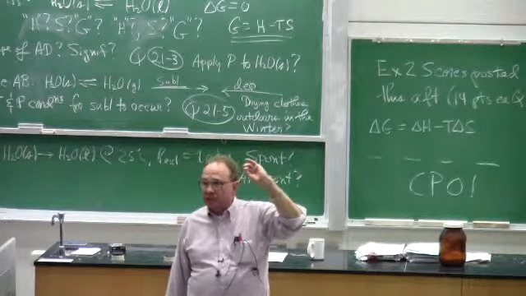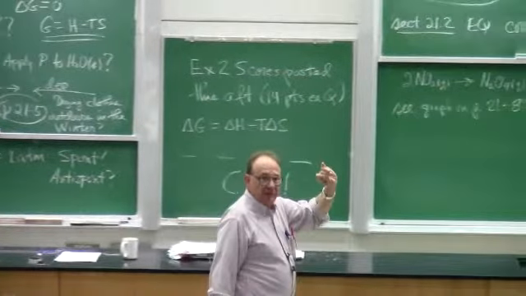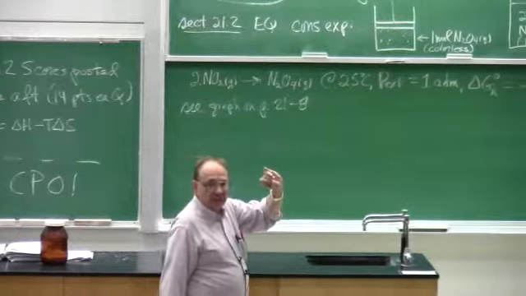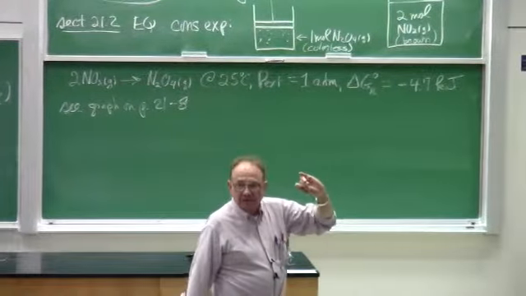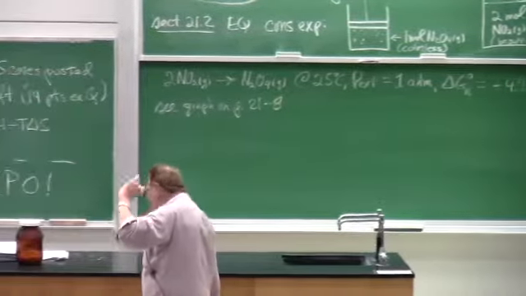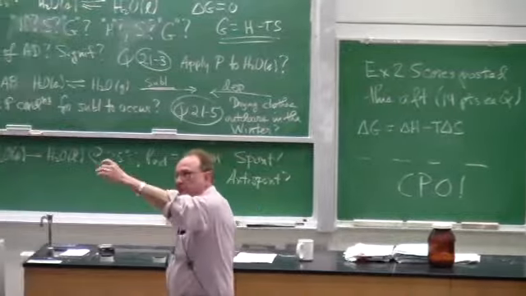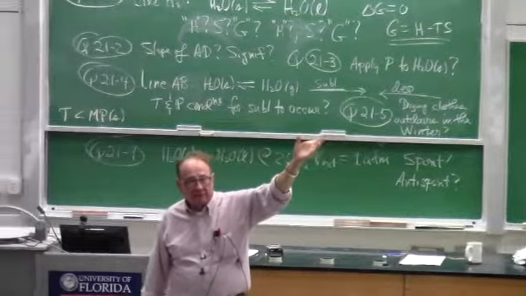Anybody know the partial pressure of oxygen in air? Usually observed value? I'm listening. The most commonly reported value, as it would correspond to, for example, the air in this room.